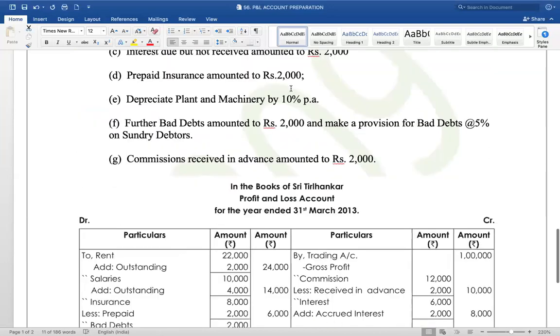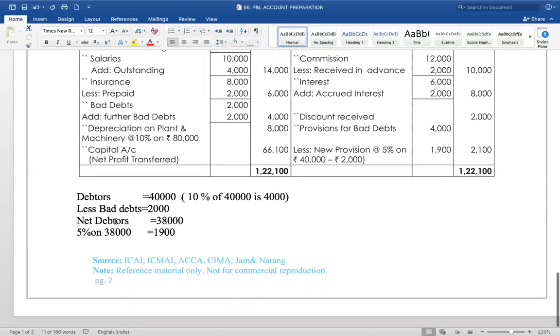Instead of doing that, calculate only 5% on 38,000. How do you get this 38,000? 40,000 of debtors less bad debts of 2,000, and you will have net debtors.